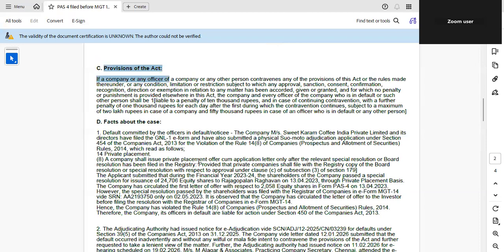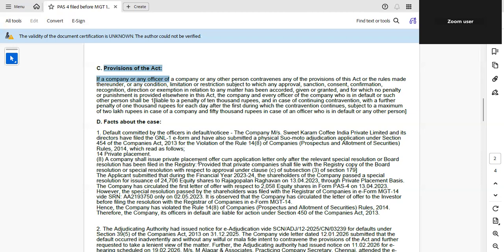The violation relates to Rule 14, Sub-Rule 8 of Companies (Prospectus and Allotment of Securities) Rules 2014. What this rule says: a company shall issue private placement offer cum application letter, that is PAS 4. What is PAS 4? Private placement offer cum application letter.